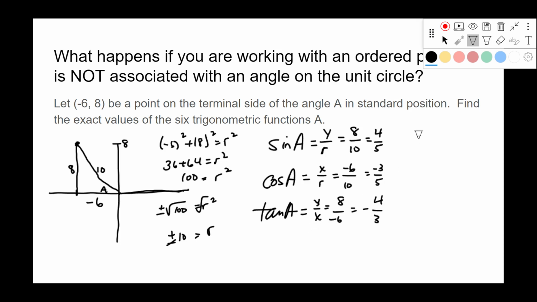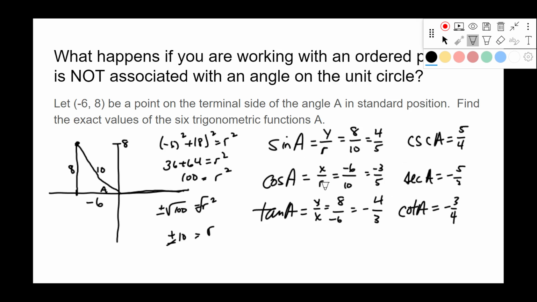And then the other 3: cosecant of A is the reciprocal of sine, 5 over 4. Secant of A is -5 over 3. Cotangent of A is -3 over 4. There they are, those are my 6 ratios for the trig functions.